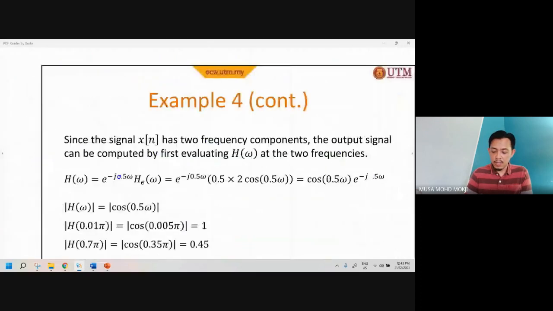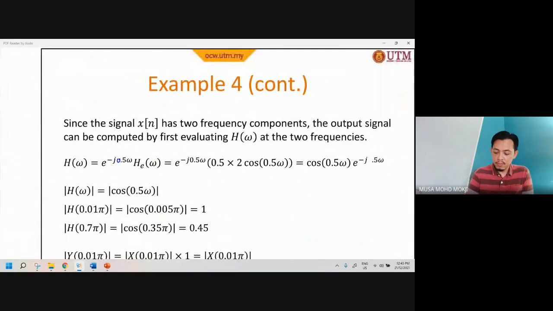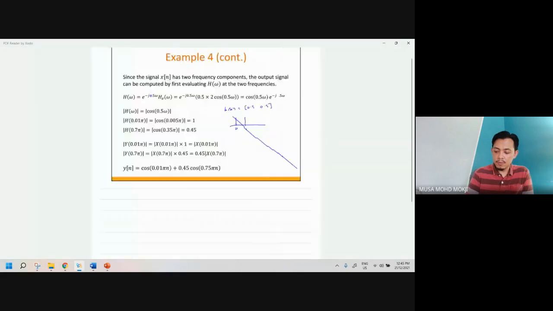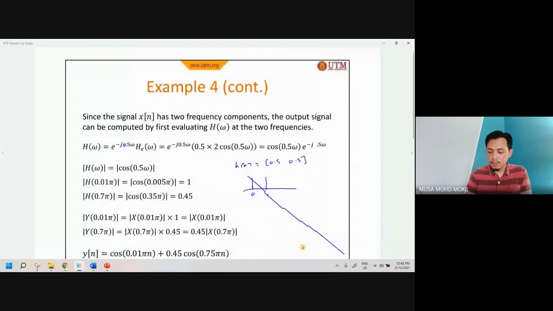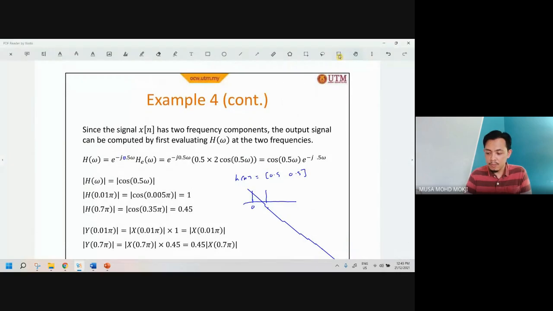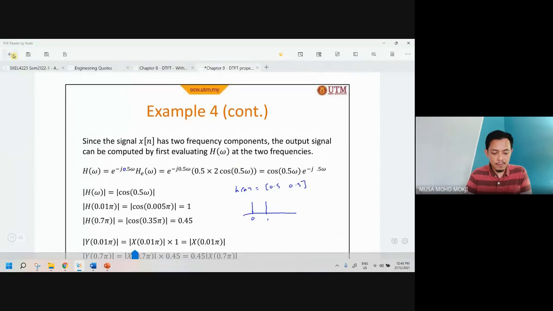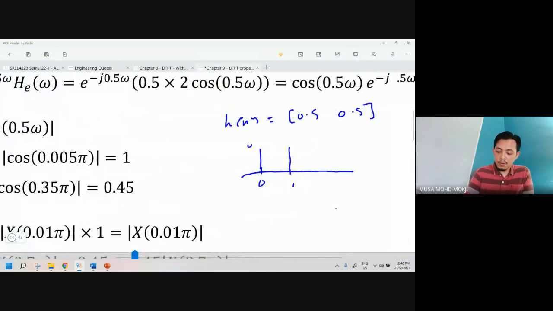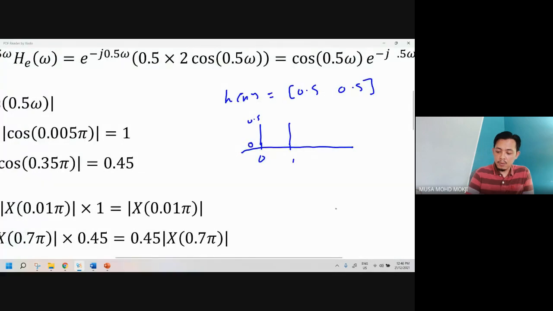I'm going to write that again. h[n] is equal to 0.5, 0.5. If you draw, this is 0, 1, as 0.5, 0.5.